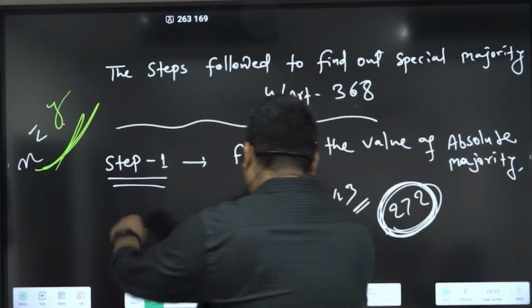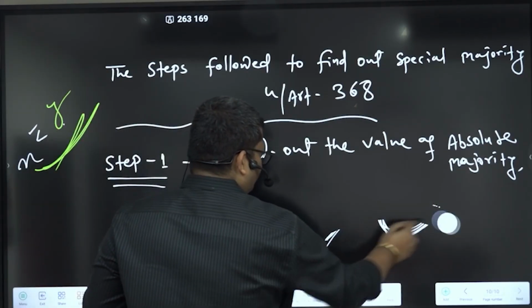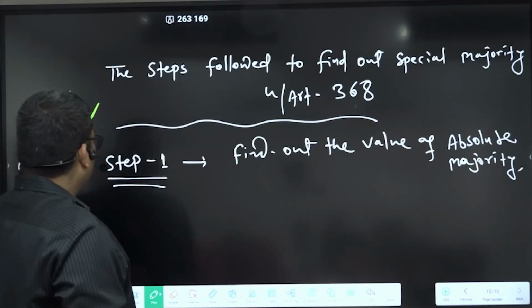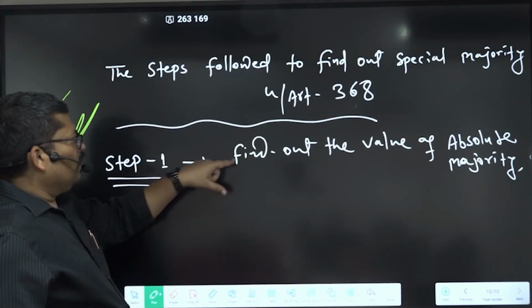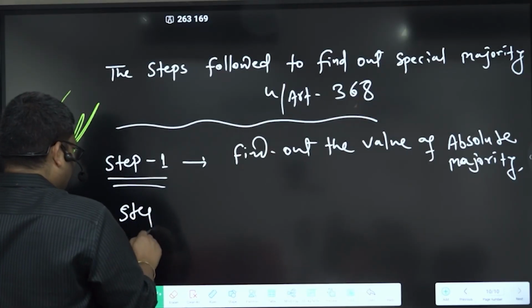So actually the same pattern we are going to enumerate alphabetically. Like in step 1, find out the value of absolute majority. What should be step 2?